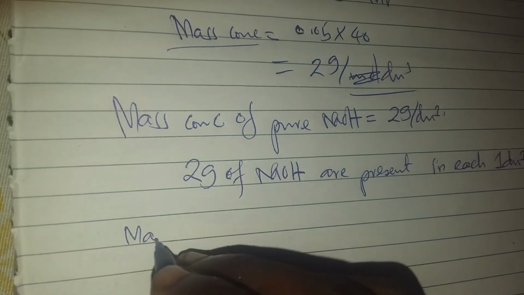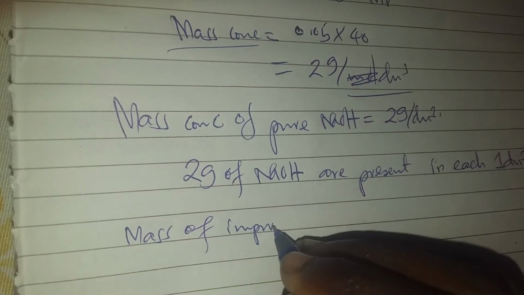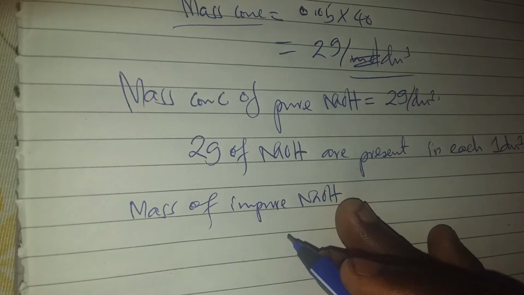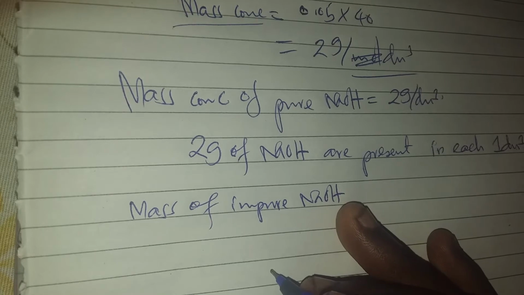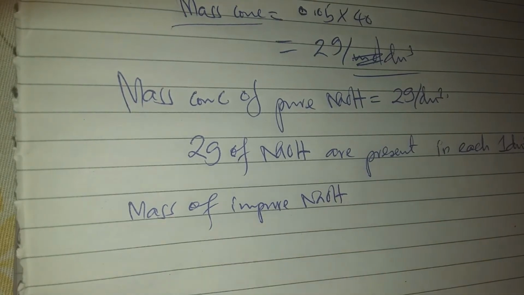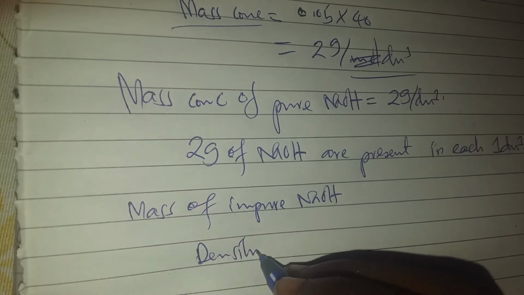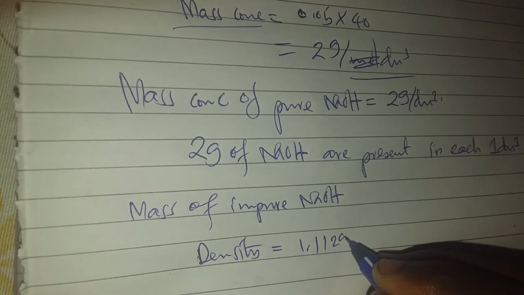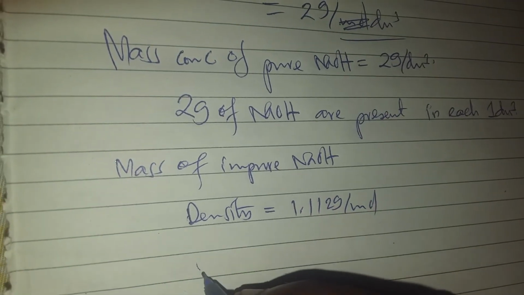That is the total mass of solution. Mass of impure sodium hydroxide, how do we get it? Impure sodium hydroxide will come from the density. The density we are given is how much? 1.112 gram per mil.